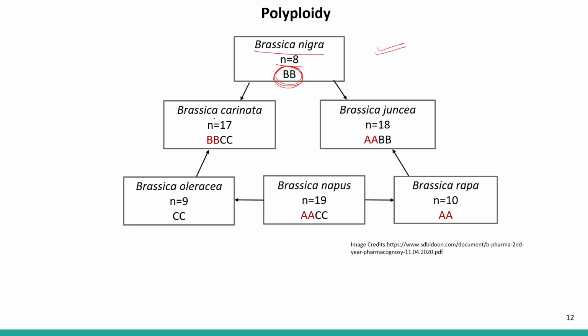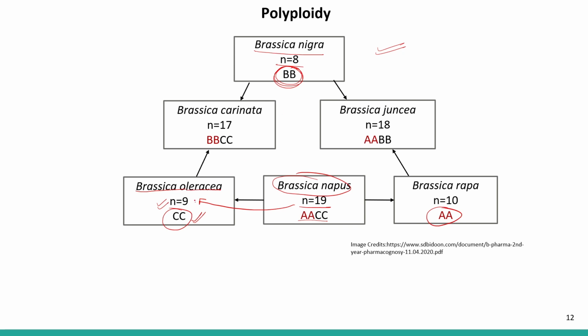Brassica oleracea has the CC set of chromosomes, with n equal to 9, whereas Brassica rapa has the AA set of chromosomes.